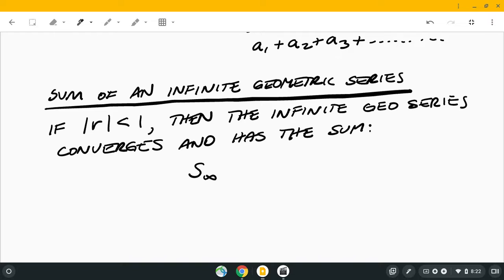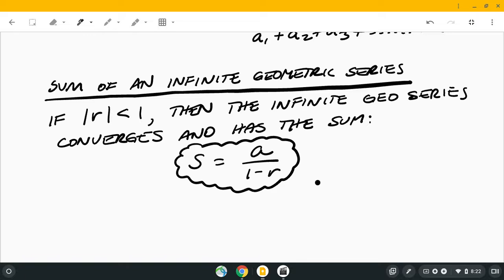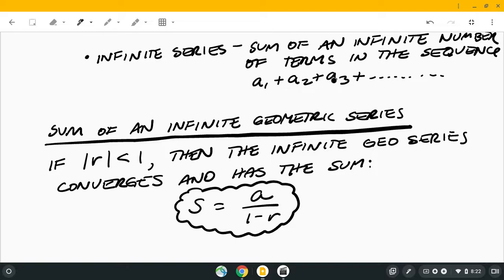Sometimes there's a notation like this with infinite, sometimes it doesn't. So S equals A over 1 minus R. So again, you are able to find the sum of this infinite geometric series only if the absolute value of your common ratio is less than 1.